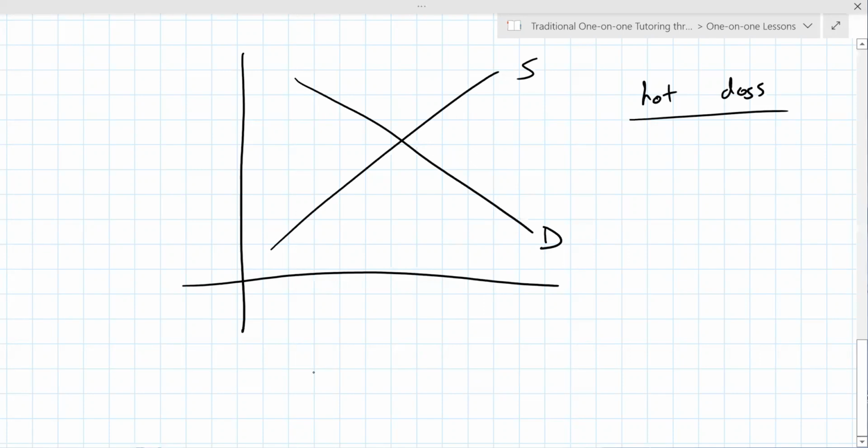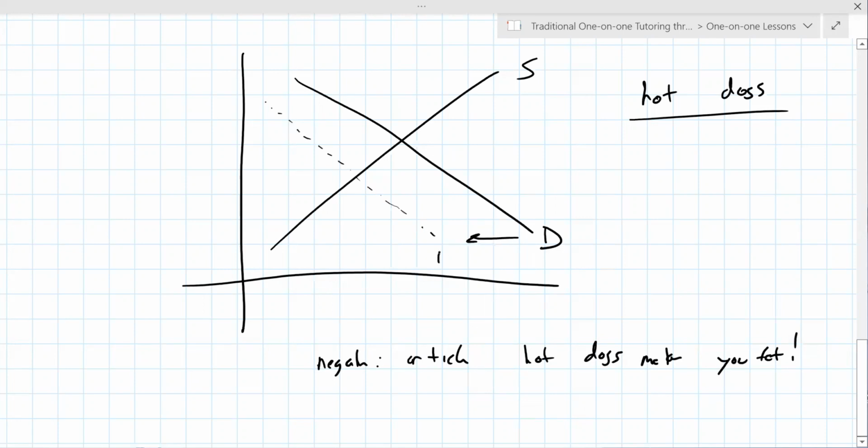So let's talk about something negative for a moment. Let's say someone writes an article that says that hot dogs make you fat. We don't know if it's true or false. You read it, and you're like, oh, I don't want hot dogs anymore. So the demand shifts left.